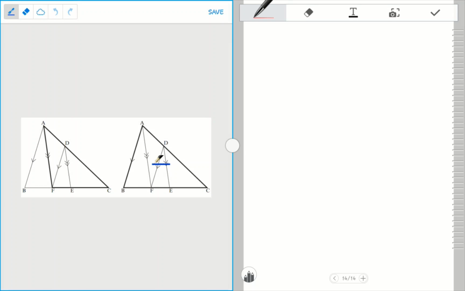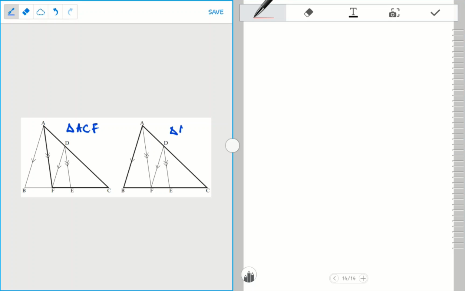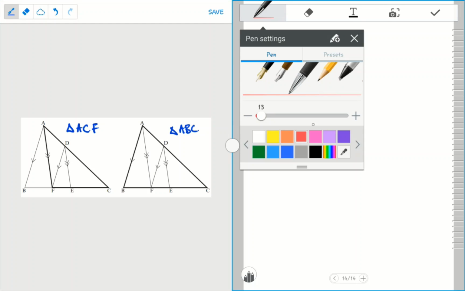As you can see, this first one is triangle ACF, and then this is triangle ABC. So basically we're just dissecting this big triangle into two triangles. If you need more clarity, don't hesitate to text me.